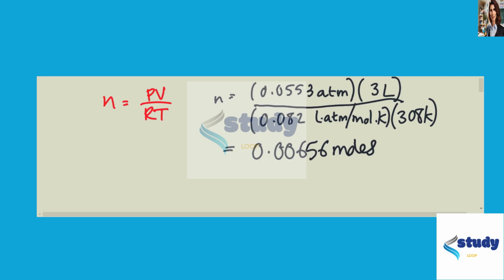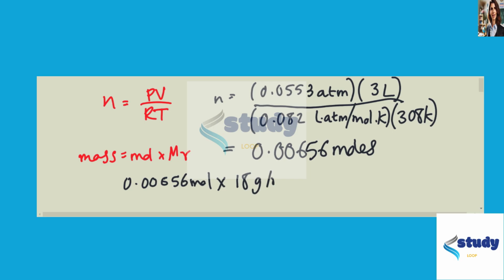And now that we have the moles, we can figure out the mass of water, right? So the formula for that is mass equals mole times MR, and you can easily find the MR from the periodic table. So in this case, it would be 0.00656 mole times about 18 grams per mole.